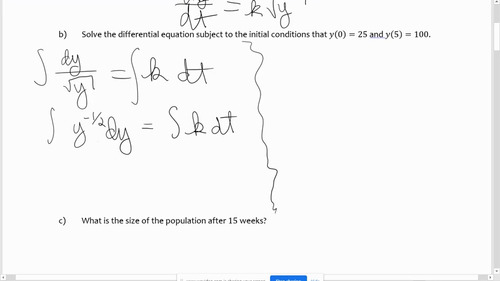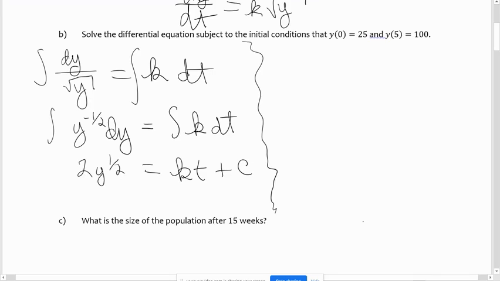The derivative, or antiderivative of this would be y to the 1/2 over 1/2. So that would be 2y to the 1/2 equals kt plus some constant. All right.